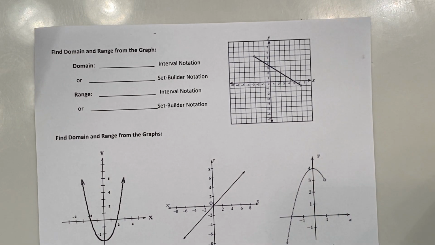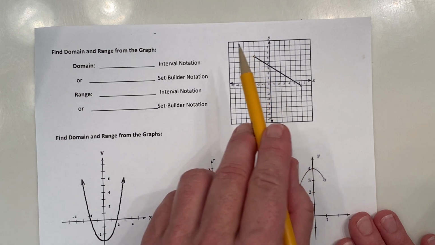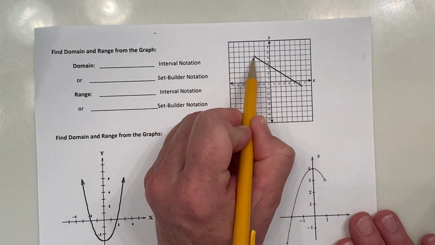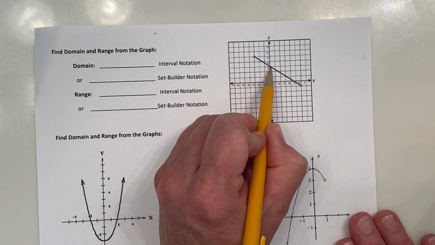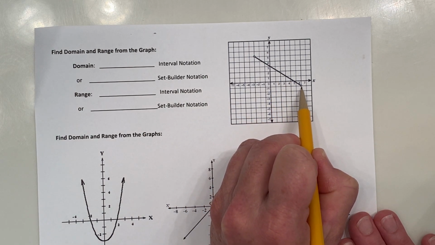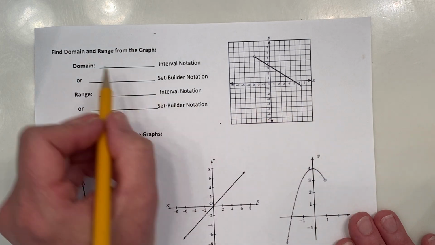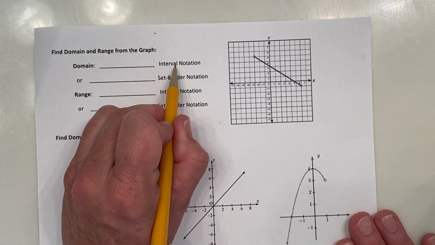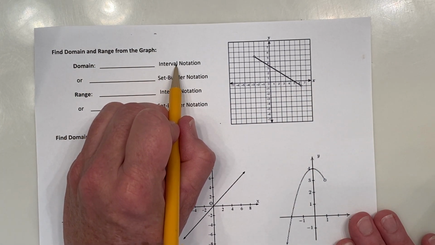All right, so domain and range from a graph. I'm looking at this grid. I can see that the graph here starts in an open circle. It's a line, it comes down, and this graph ends in another open circle down here. So what's the domain of this graph in interval notation?